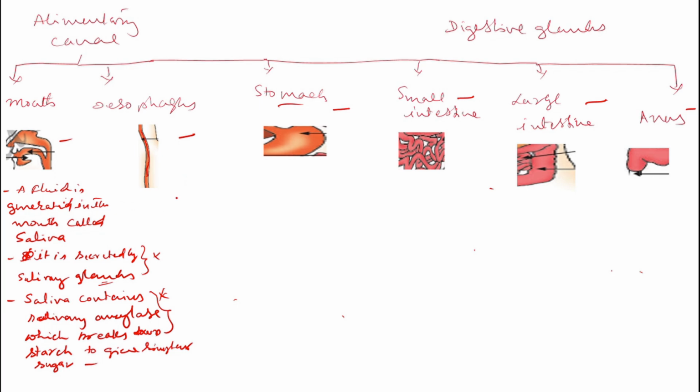Now we will see the esophagus. The esophagus is the food pipe. It expands when food enters.